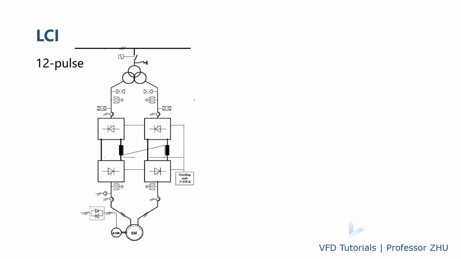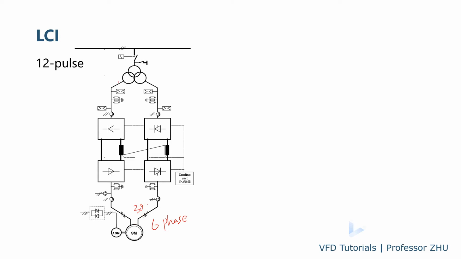In order to reduce the harmonics, people use two sets of LCI to drive the motor. You can use a 6-phase motor with two sets of stator windings and a 30-degree phase shift to cancel some of the torque ripple harmonics on the motor side.